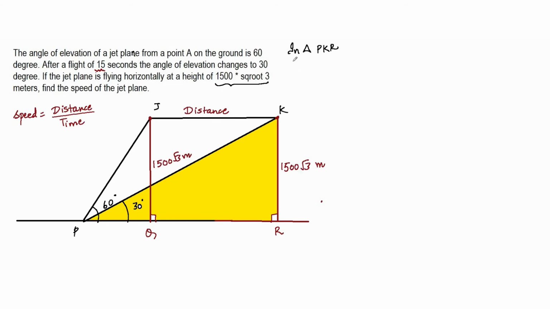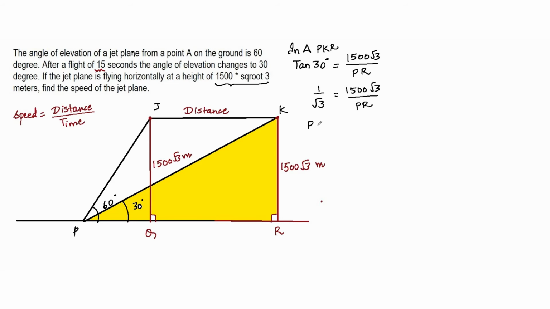PR is the horizontal side. So I can say tan 30 is equal to the opposite side, 1500 root 3, divided by the horizontal length PR, and therefore tan 30, which is 1 by root 3, is equal to 1500 root 3 divided by PR.